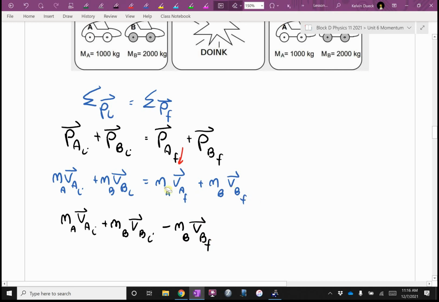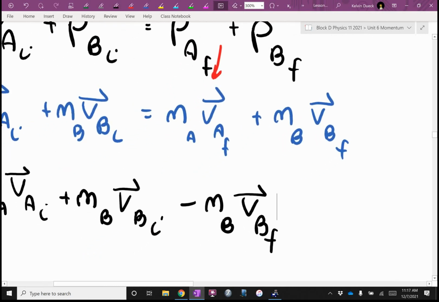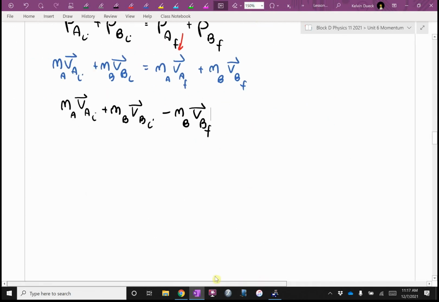How would I deal with this M? What's this M doing to the velocity? Oh, it's multiplying. I agree.